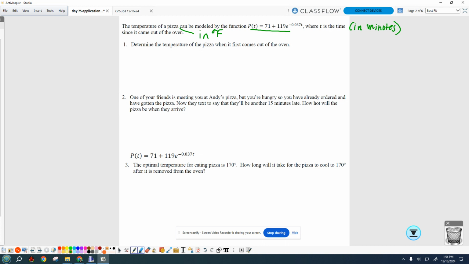Okay, so first question here: how hot is that pizza when it comes out of the oven? Really hot, okay. What time is it when it comes out of the oven? 0. So plug in 0 for little t and tell me what is the temperature of the pizza at time 0. You do not need a calculator to do it.